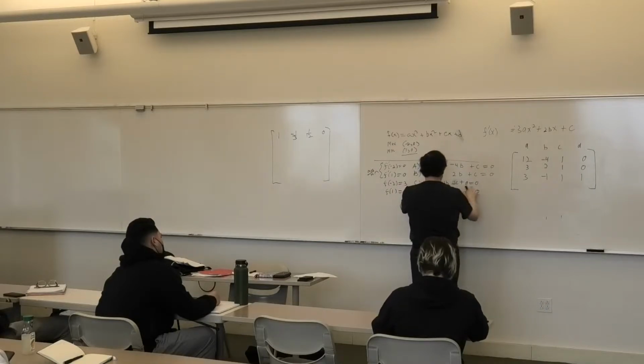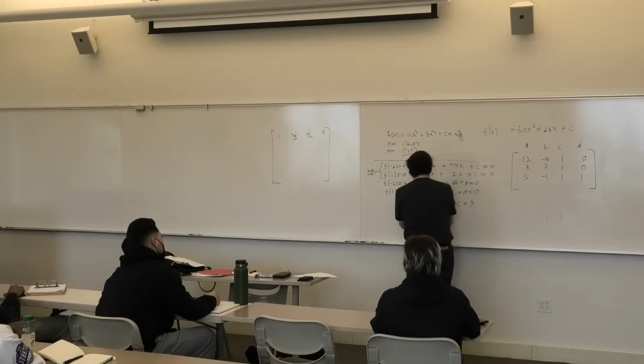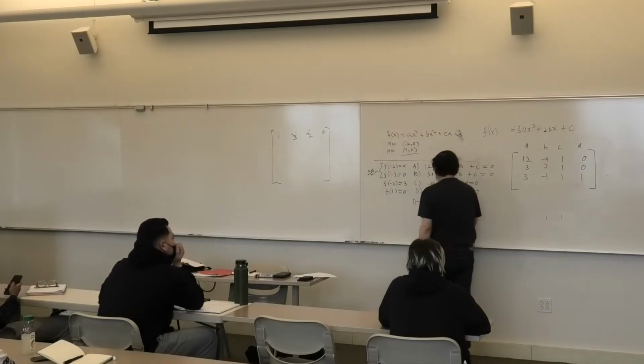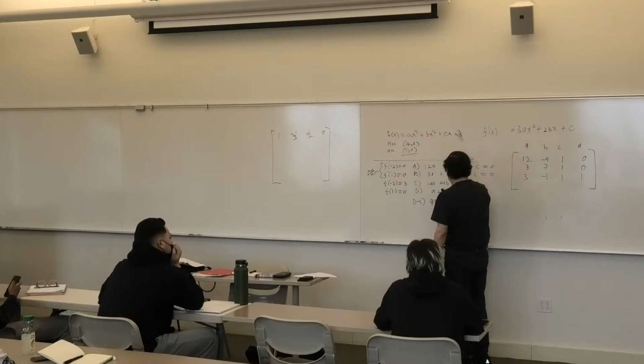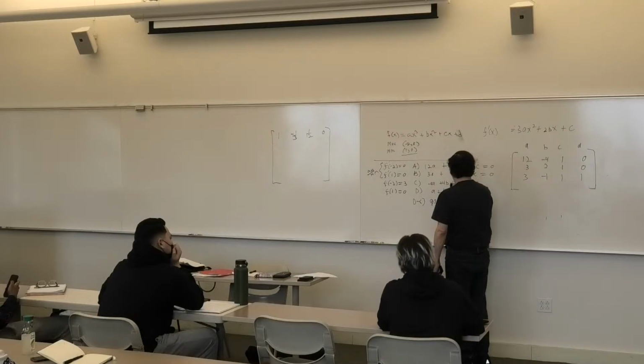C I get by plugging 2 in. And then I subtract C from D. So 1 minus minus 8 is 9. 1 minus 4 is minus 3. 1 minus minus 2 is 3. And D minus D is 0.